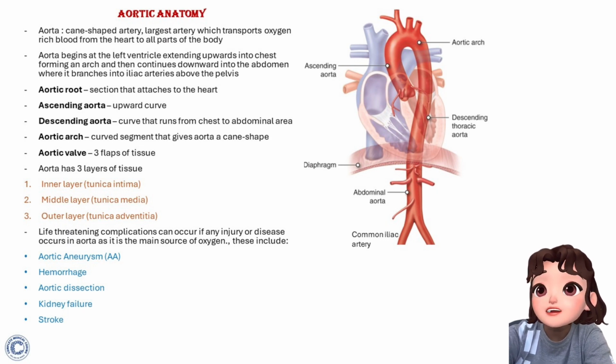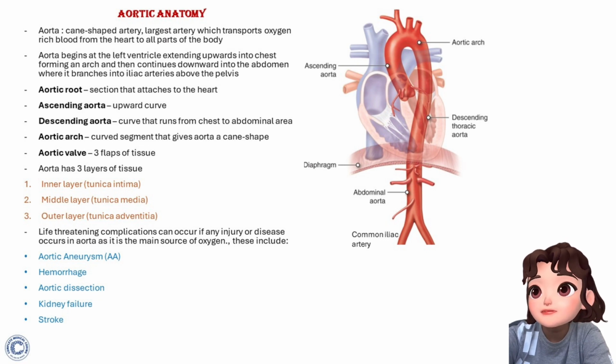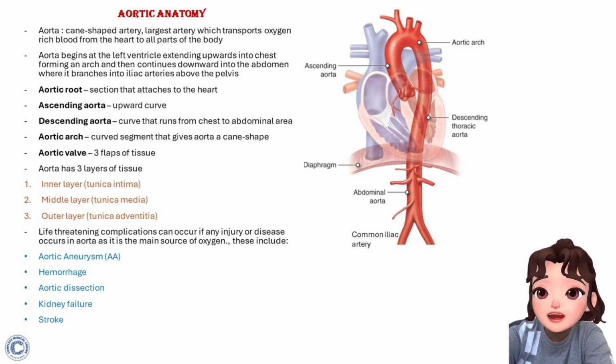Now, there are life-threatening complications that can occur if there is any injury or disease in aorta, because aorta is the main supply of oxygen. So what are the life-threatening complications if any harm occurs to aorta? Aortic aneurysm, that is the main important point. You can expect questions from aortic aneurysm.